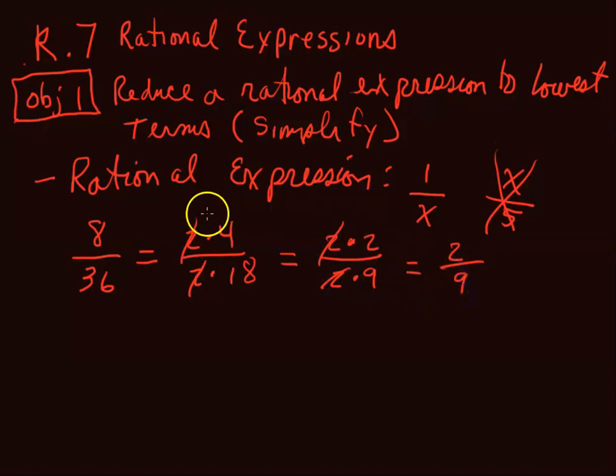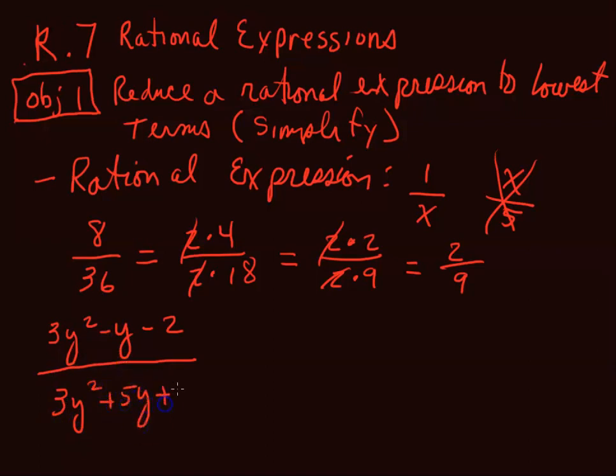So that's what I'm going to be doing for rational expressions. Like, see, 3y squared minus y minus 2 over 3y squared plus 5y plus 2. So it would have been nice up here if I would have just factored the whole thing into the prime factorization.